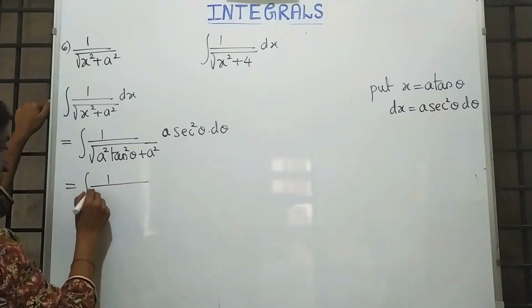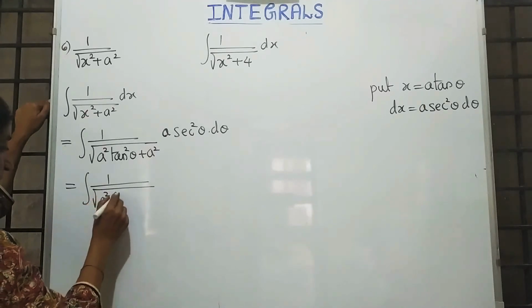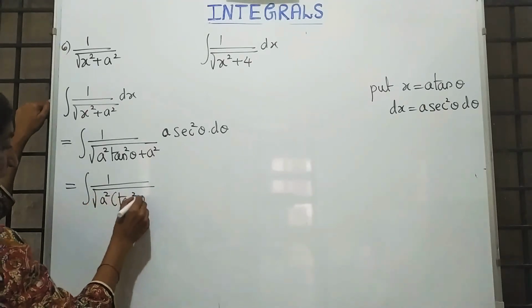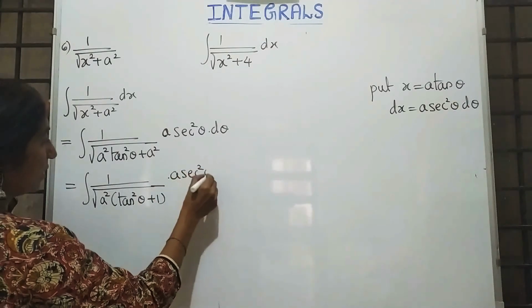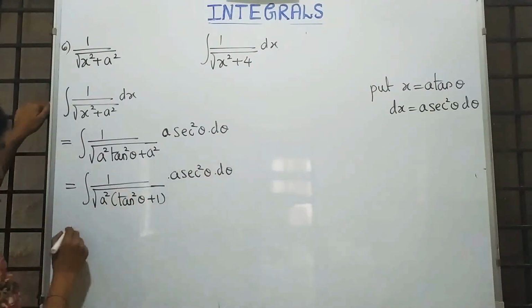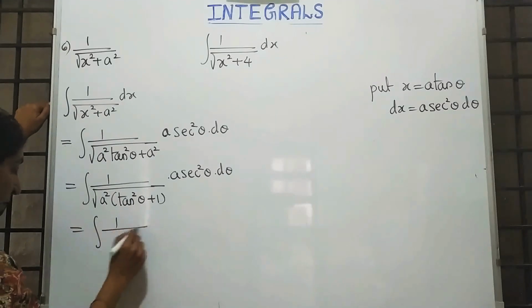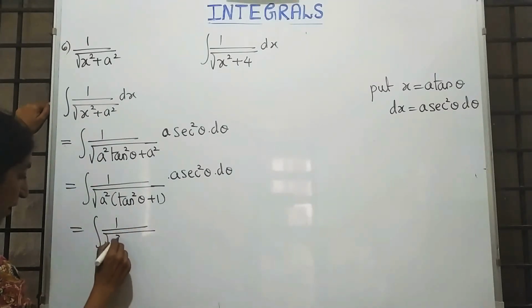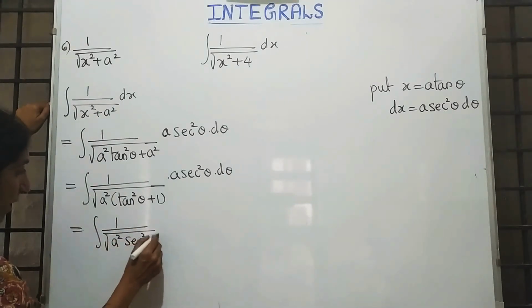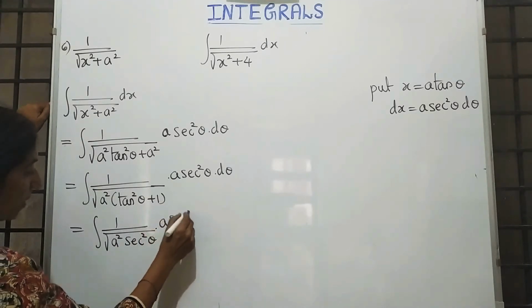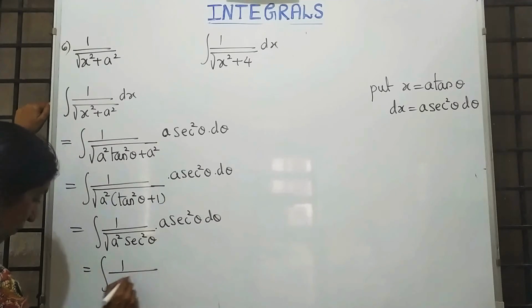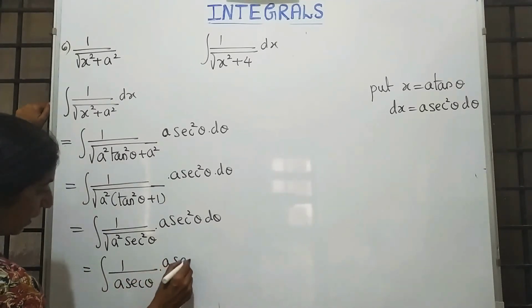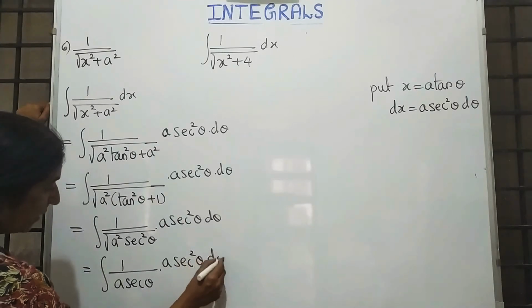1 upon root of, take a square common, tan square theta plus 1, into a secant square theta d theta. 1 upon root of a square secant square theta into a secant square theta. 1 upon a secant theta into a secant square theta into d theta.